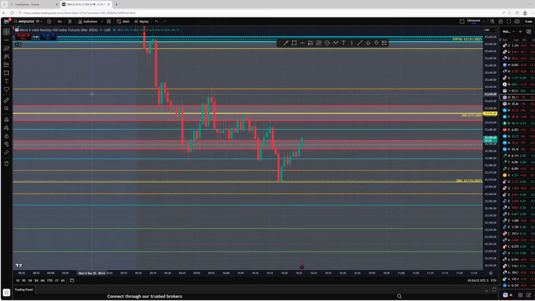See? Very confusing price action, at a time in which it really shouldn't be confusing.